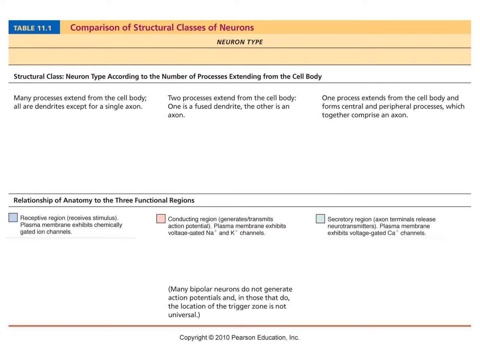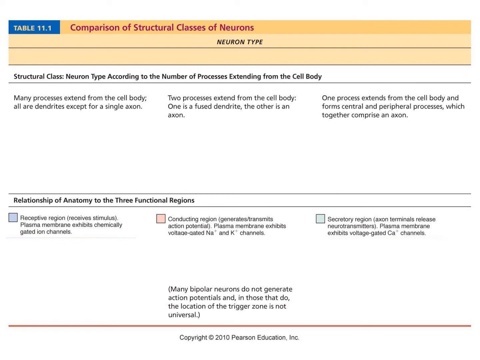The second region is going to have your voltage-gated sodium and potassium channels. These are channels that hopefully you're already a little bit familiar with: the same types of channels that transmit action potentials across a skeletal muscle cell are the same type of voltage-gated channels that transmit an action potential down an axon. So that's the conducting region, where you find the voltage-gated sodium and potassium channels.